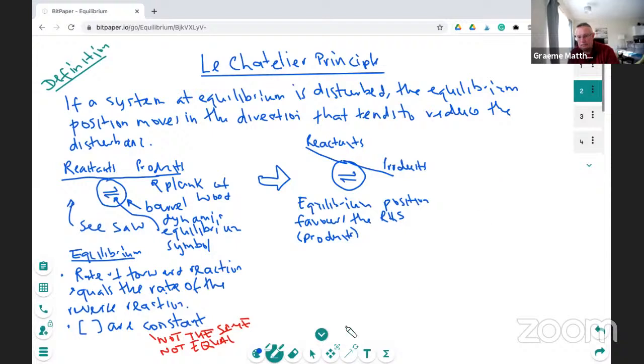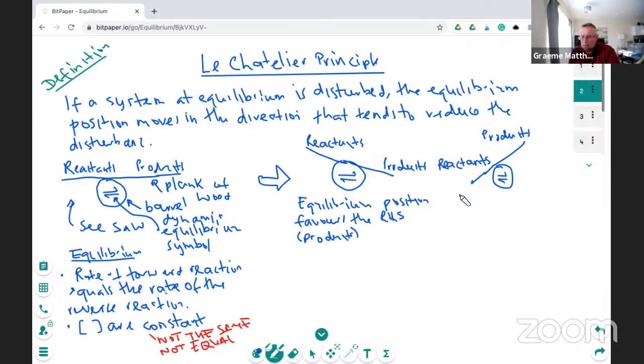Or you could have, here's my dynamic equilibrium symbol like this. You could have it where it is favoring, here's my reactants, and here's my products. You could have it where it's favoring the left-hand side. So I'll try and get a pen to write the word reactants a little bit more clear than that, chemists. All right.